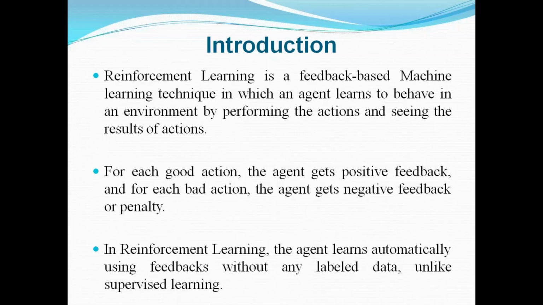Reinforcement learning is basically a feedback-based mechanism where the agent learns to behave in an environment by performing actions. Depending on the actions performed, we calculate the rewards, and you have a positive reward or a negative reward.